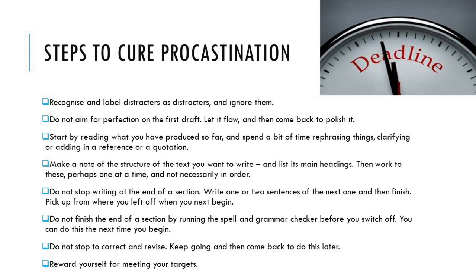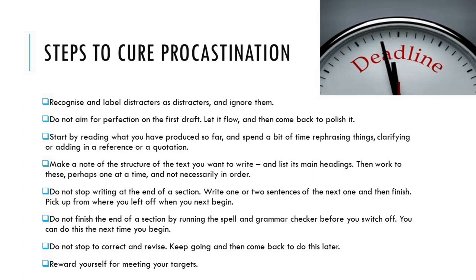Start by reading what you have produced so far and spend a bit of time rephrasing things, clarifying, or adding in a reference or a quotation. Make a note of the structure of the text you want to write and list its main headings. Then work to these, perhaps one at a time and not necessarily in order.